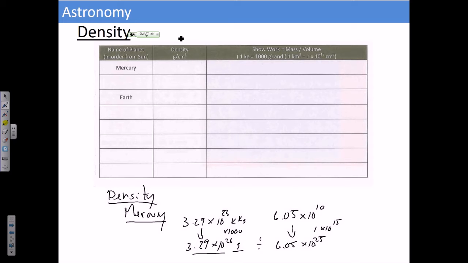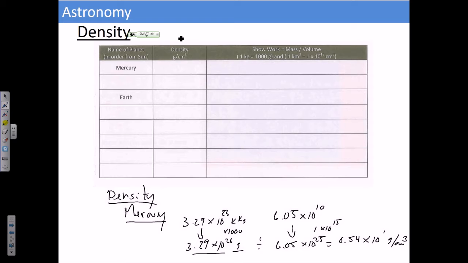We divide 3.29 by 6.05. Okay, we end up with 0.54 times 10 to the 1, right? We want to move this decimal because we want it to be in grams per centimeter cubed.